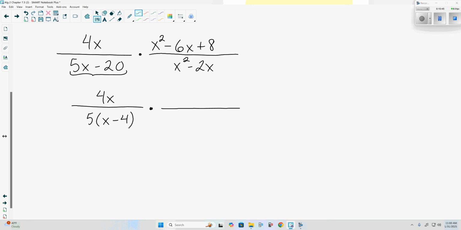Yes, so 5x minus 20 does have a greatest common factor of 5 when factored out: 5 times x minus 4. So if x squared minus 2x does have a greatest common factor of x, we can factor out, leaving us with x times x minus 2.